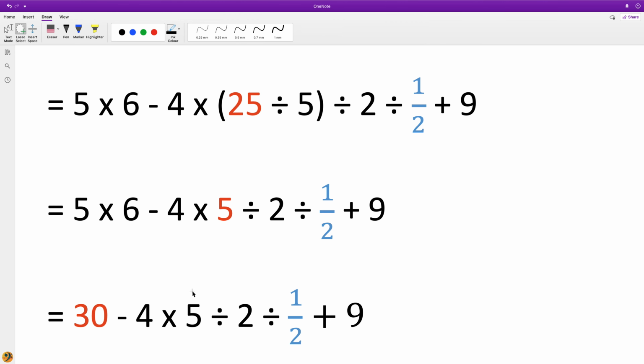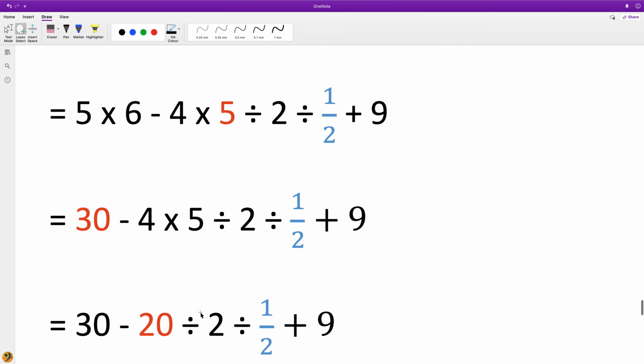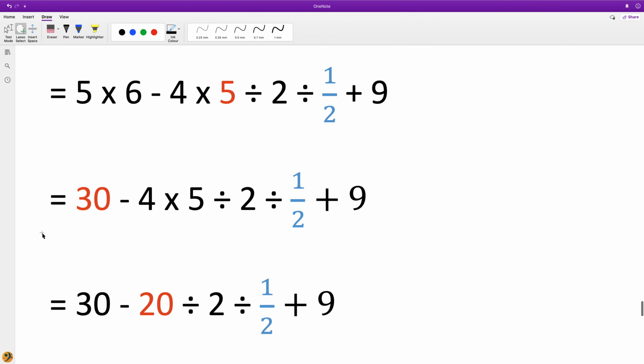So the next step is to evaluate this part of our operation here. The only step we're doing here is this 4 multiplied by 5. So the next line of our working out becomes this. So we have 30 minus 20, which is 4 multiplied by 5, and then we just write out the rest of our operation, divided by 2, divided by a half, plus 9.